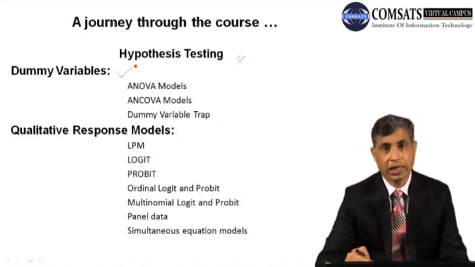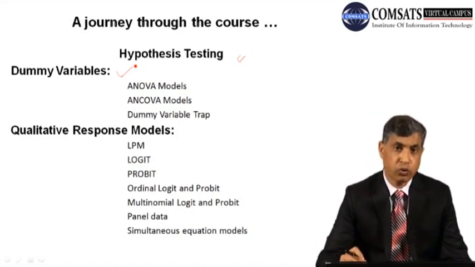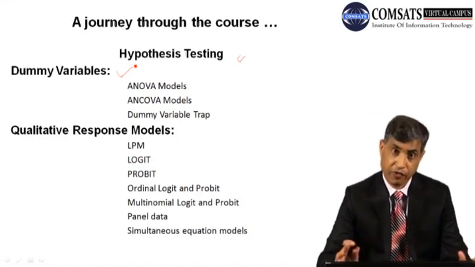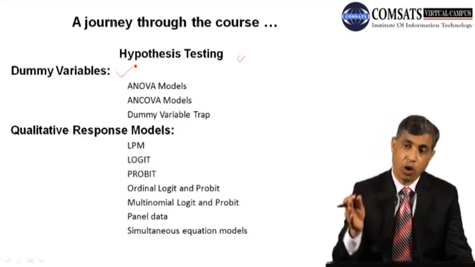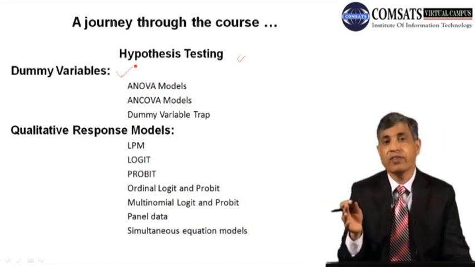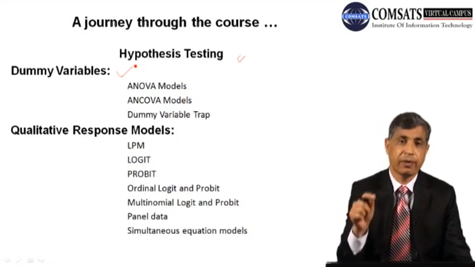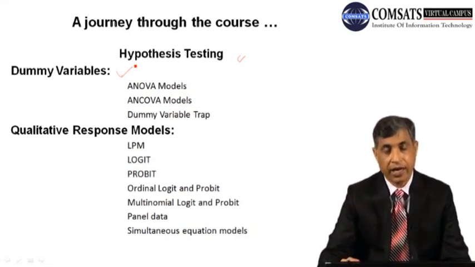For example, if we look at the performance of the students, the male and female performance may be different due to many reasons. So now how to capture the male and female phenomena? We use the dummy variable and we use 0 and 1. 0 and 1 only is tradition.